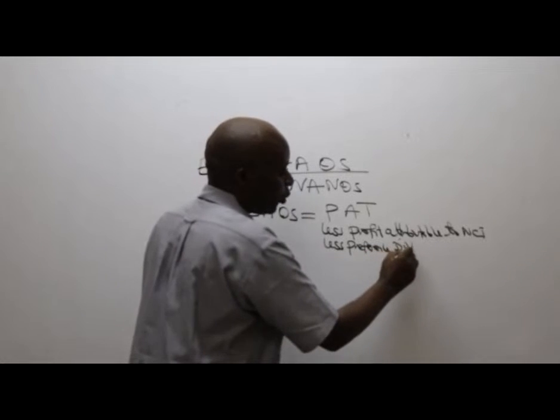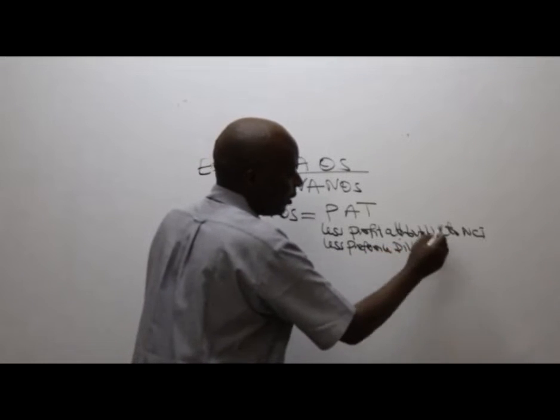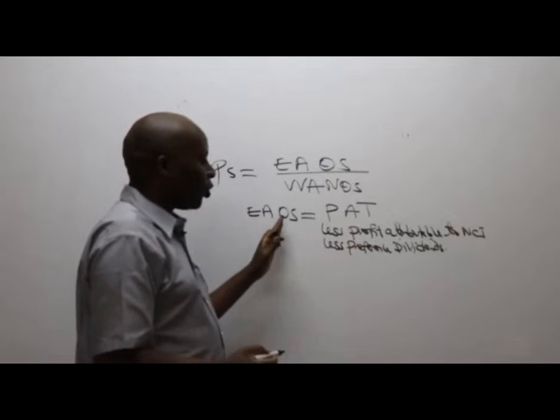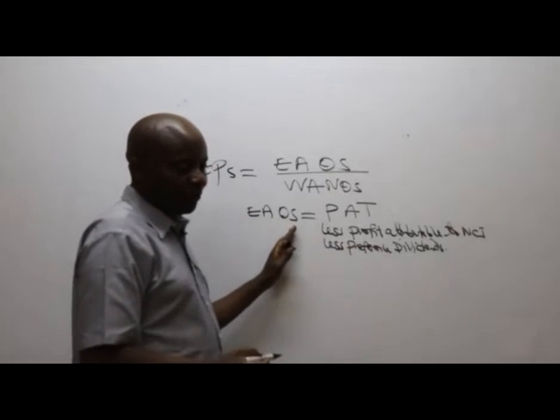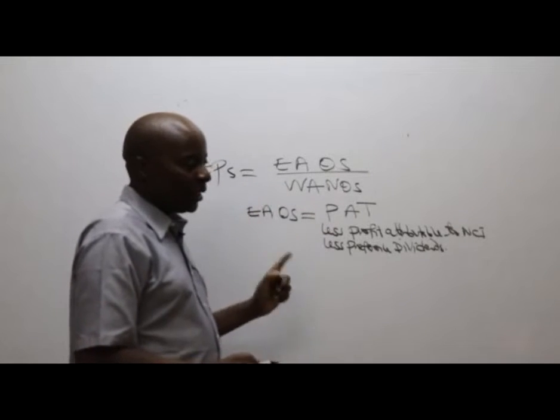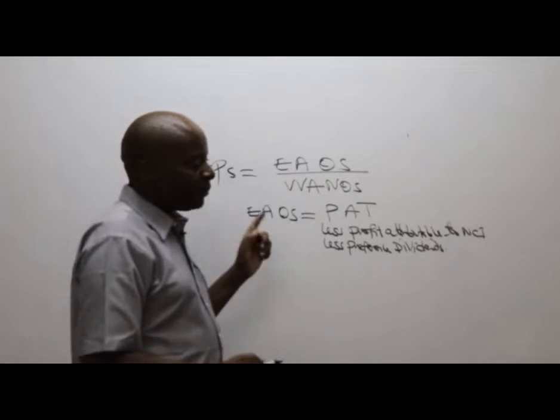Very important for us to just get used to this. This is how we calculate our earnings which are attributable to ordinary shareholders. So you take the profit after tax that has been reported.